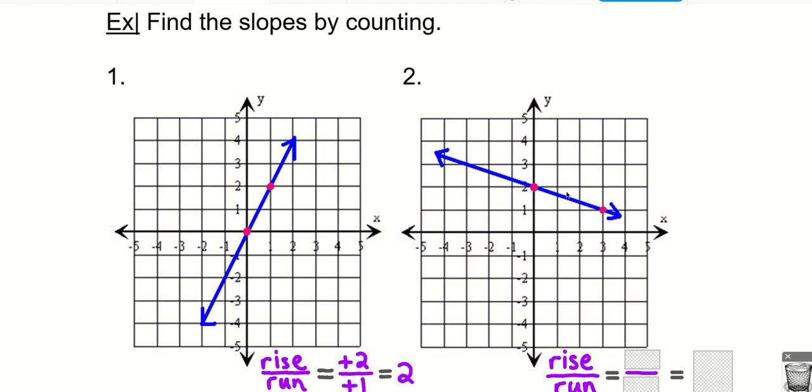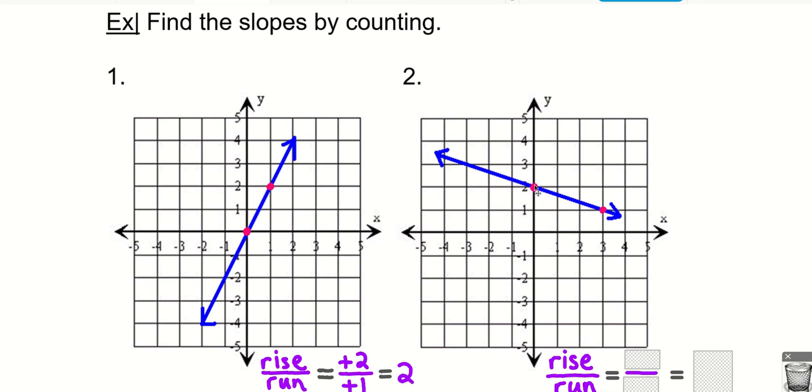What happens in this next example? I picked that point to start counting, and this point to stop counting. Again, it's rise over run.